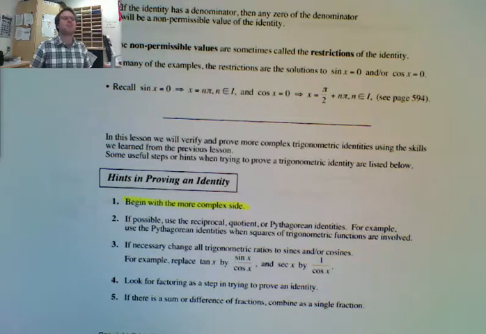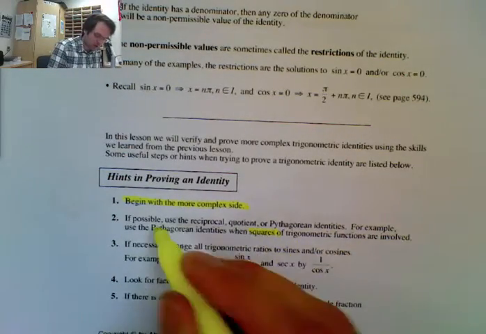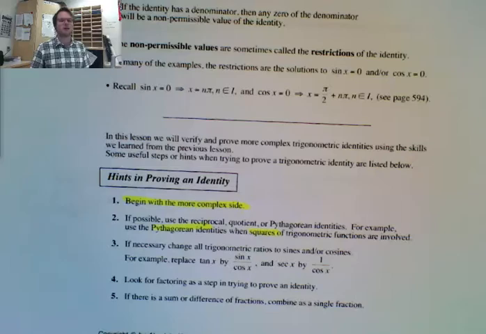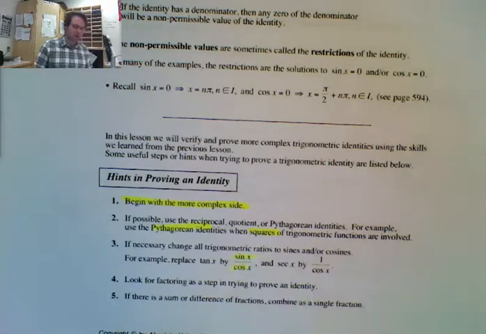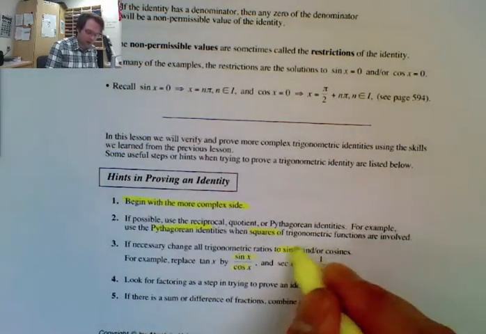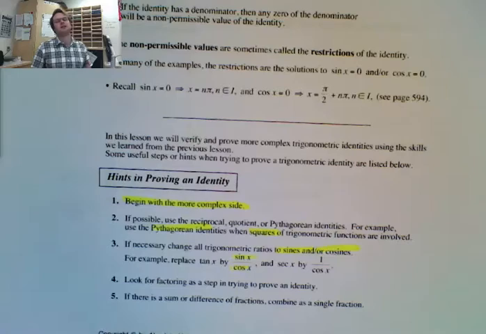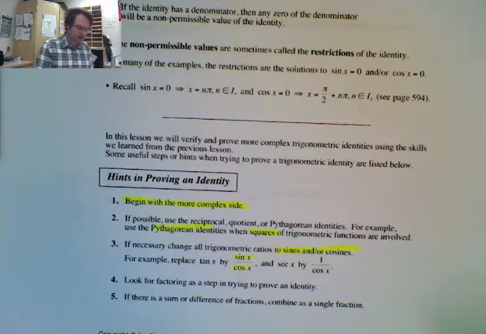The Pythagorean identities are excellent any time trigonometric functions are squared. Another thing is, if necessary, change all trigonometric ratios to sines and cosines. So if I have tan, make it sine and cosine. We'd rather have sine and cosine instead of tan and cotangent, and instead of secant and cosecant.